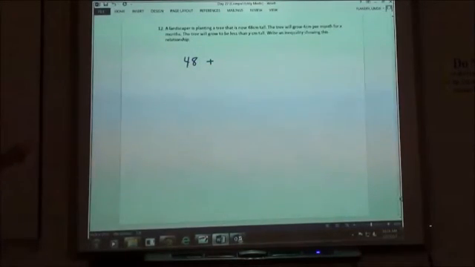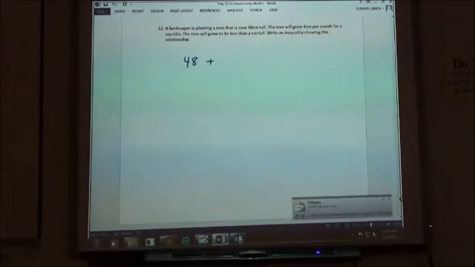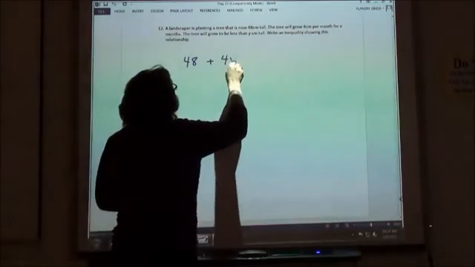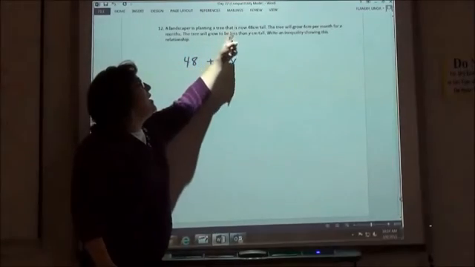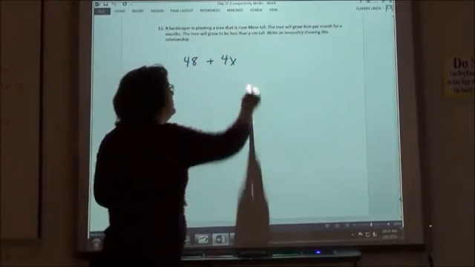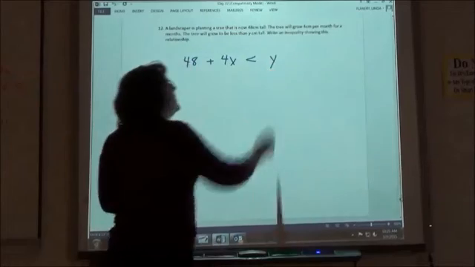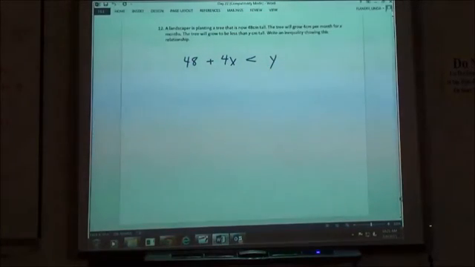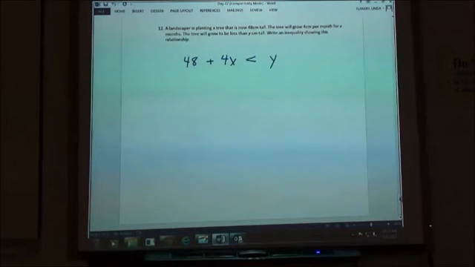It's going to grow 4 centimeters per month for X months. 4X, exactly. The tree will be less than Y centimeters tall. So my inequality, 48 plus 4X, is less than Y.